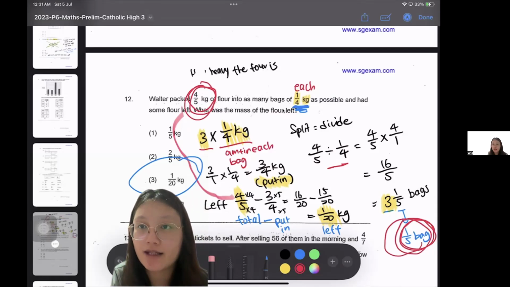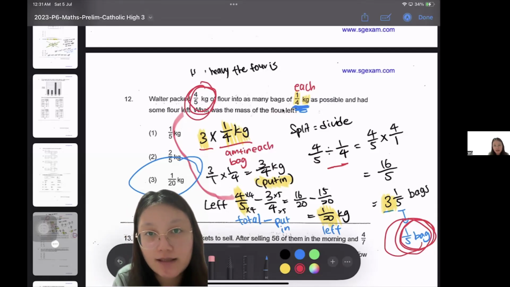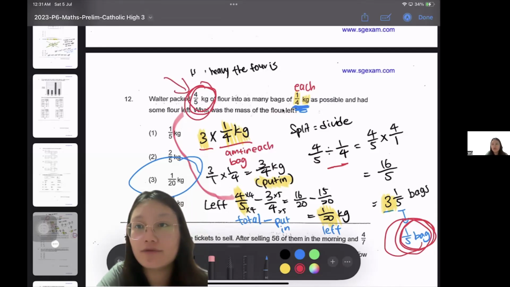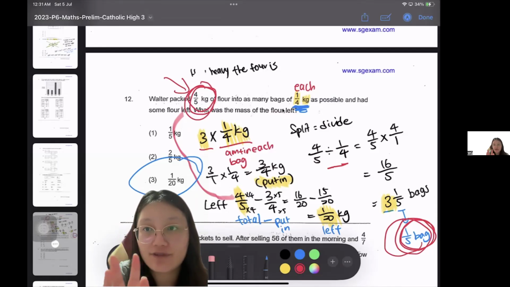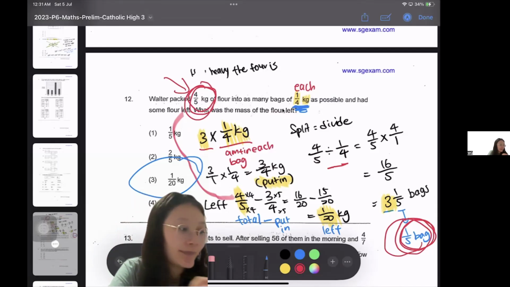That is a fraction of the bag. So it is 1/5 of a bag. So the bottom one, you must treat it as a fraction of the bag. But on top, this is a fraction of the kg. So if you see any measurement behind the fraction, it is not treated as a fraction, it is treated as a number.